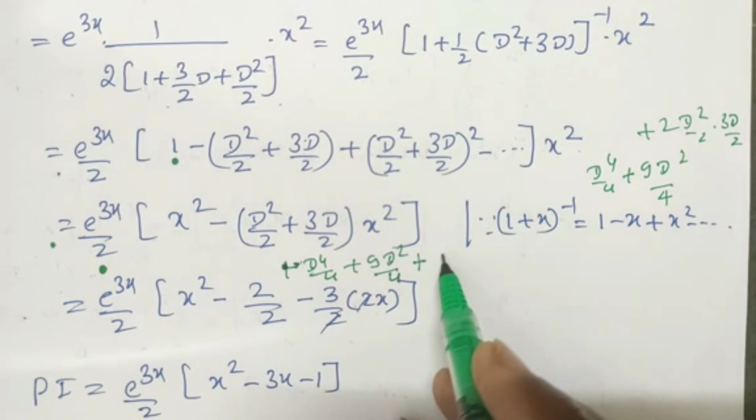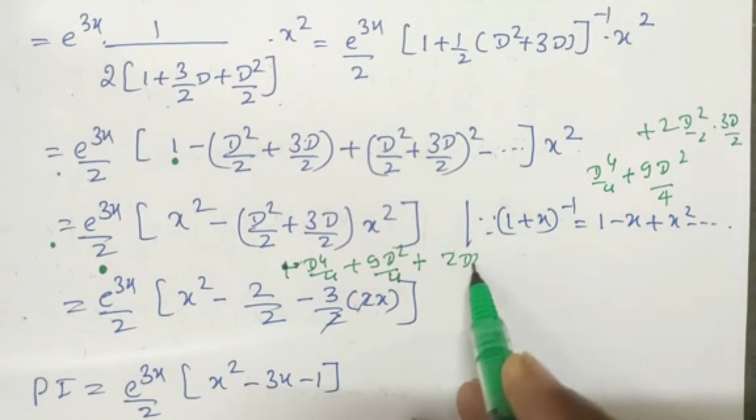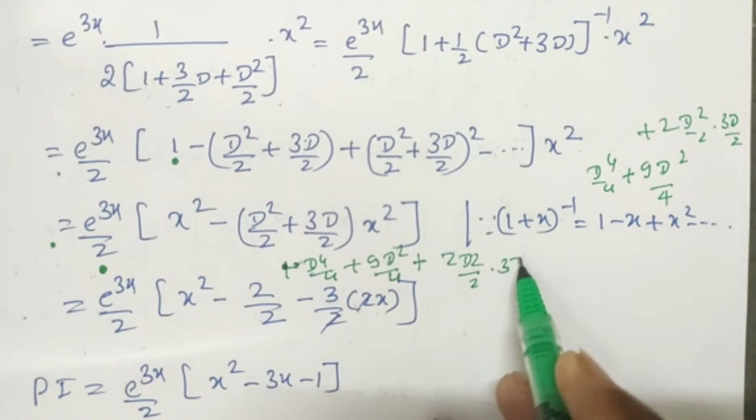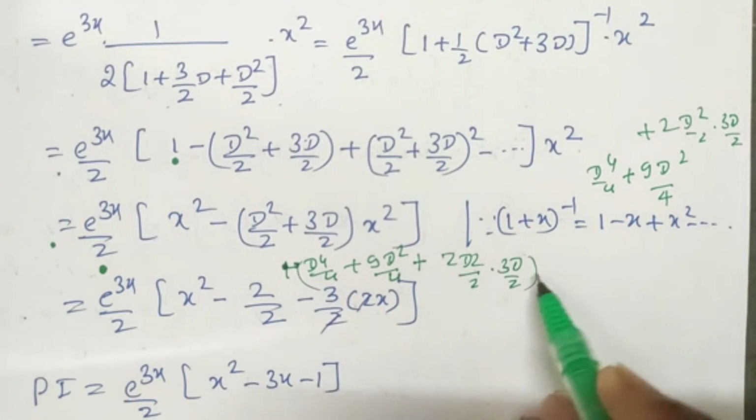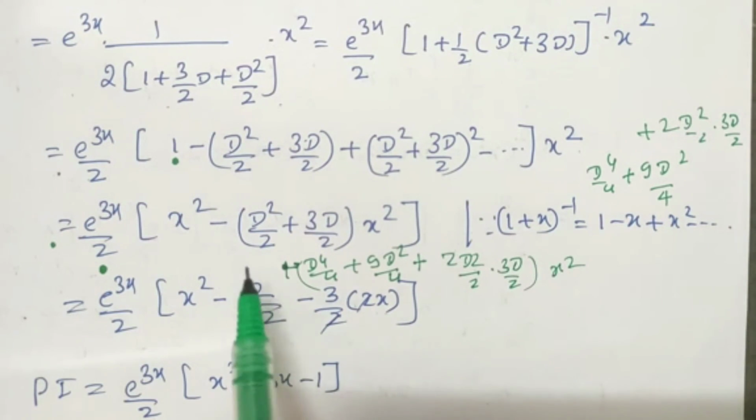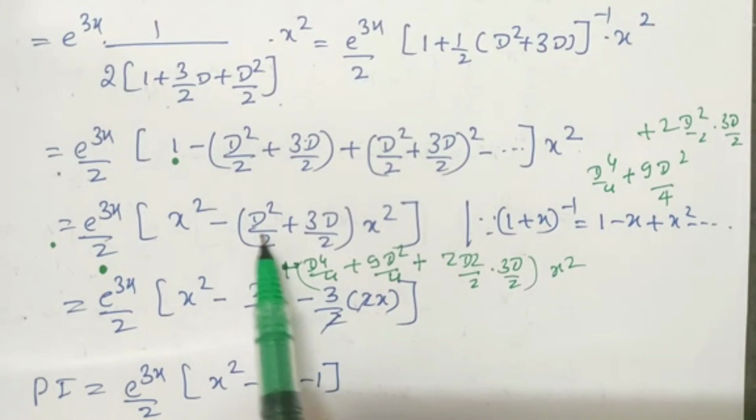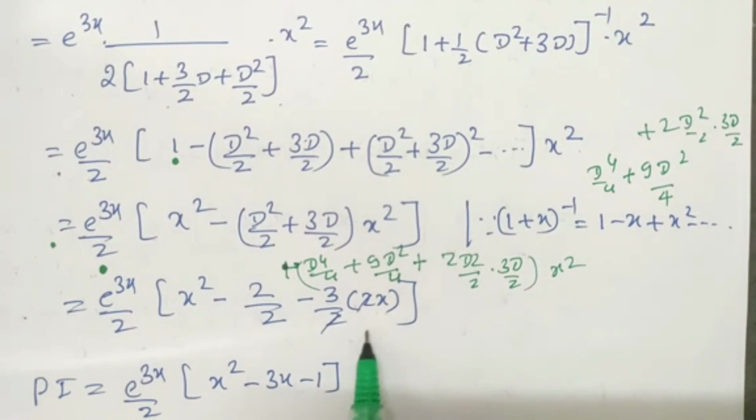So this is D⁴/4 plus 9D²/4 then plus D³·3/2 of x². Here this x² is as it is. The second derivative of x² is 2, so ½ · 2. Then minus 3/2 times the derivative of x², which is 2x.